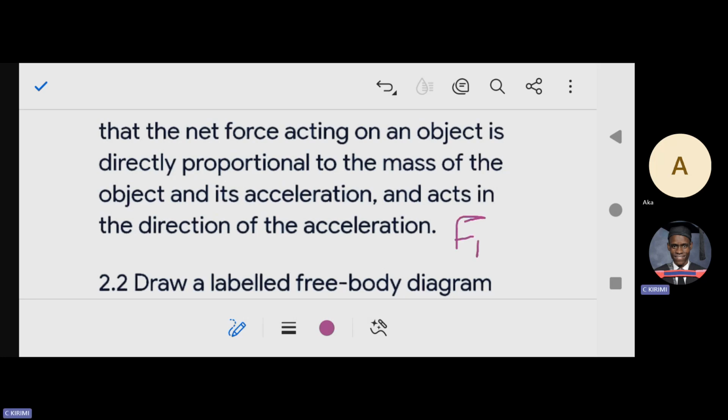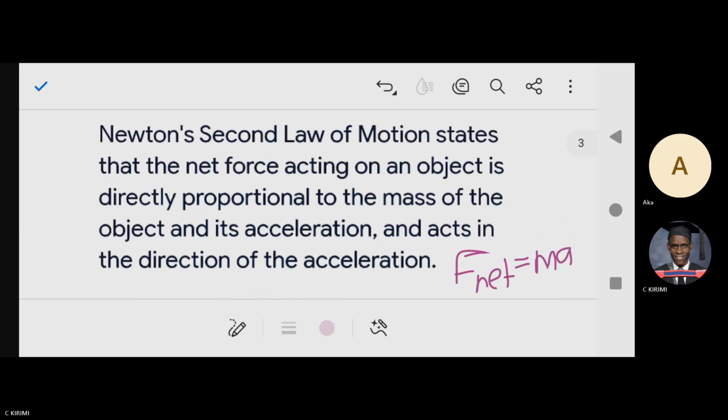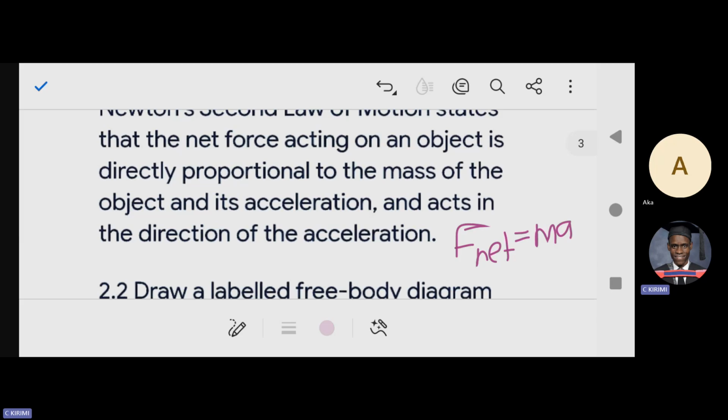So F net is equal to mass times acceleration. The net force is directly proportional to the mass and directly proportional to its acceleration, and this net force acts in the direction of the acceleration.